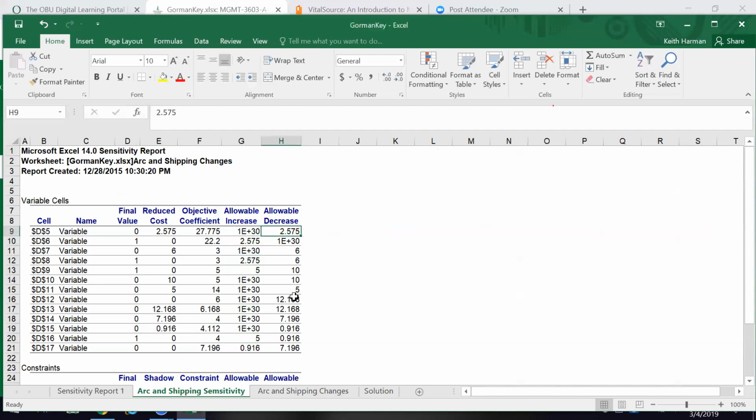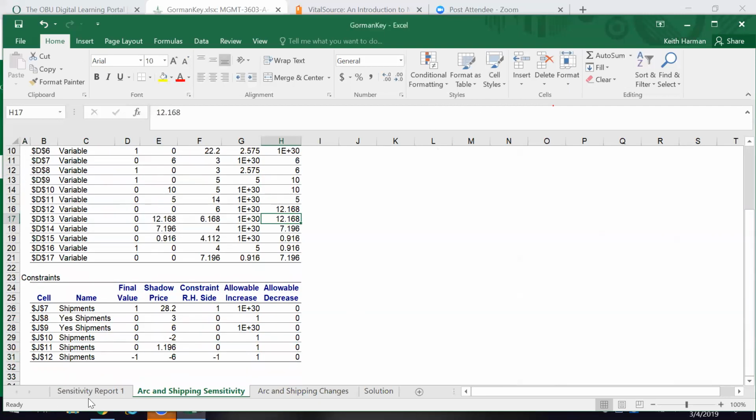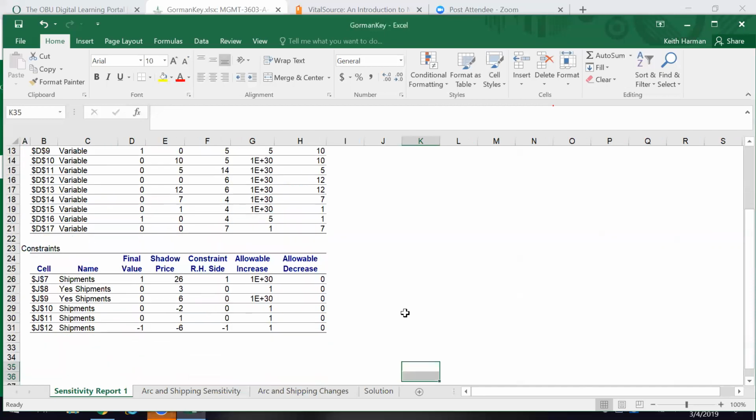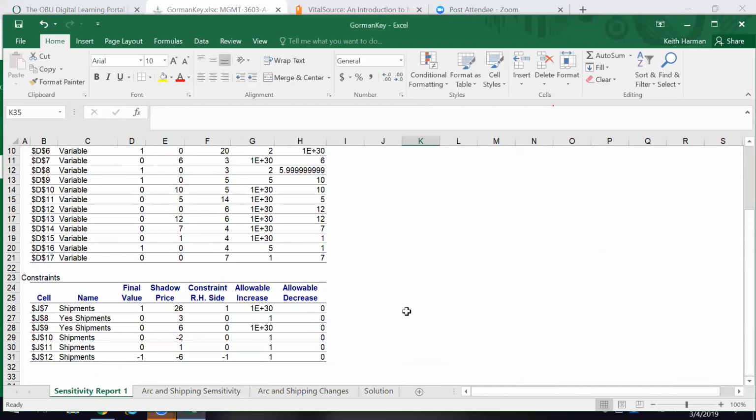And then decreases. You can see some heavy duty allowable decreases here, and in terms of what we get for reduced costs. Then we get the second sensitivity report, and we get the shadow prices and the constraints.